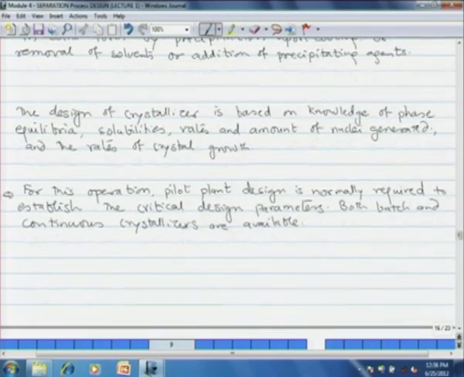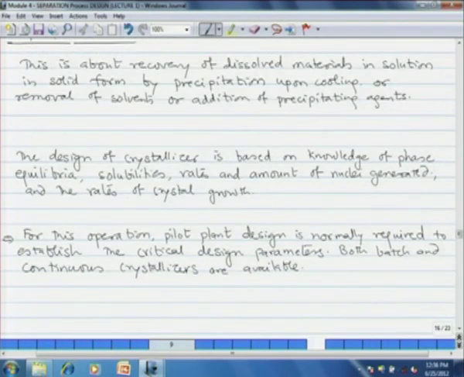Earlier, before development of the adsorption process for separation of xylenes, crystallization was a major operation for separation of xylenes. Ortho, meta and para xylene have very close boiling points. Therefore, separation of these xylenes through distillation is highly energy intensive and cost intensive.